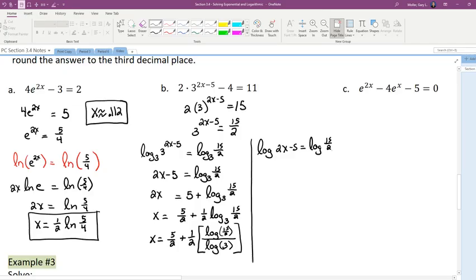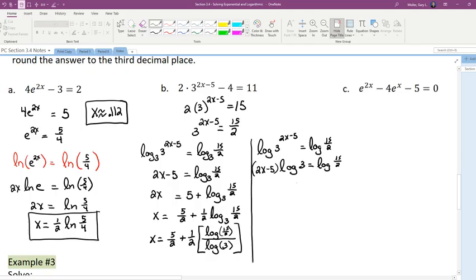Let me make sure something feels right here. Yep, I lost my 3. Okay, I bring the 2x minus 5 down, and put it in parentheses now, because otherwise it'll look like it's just negative 5 times log base 10 of 3, which equals log base 10 of 15/2.